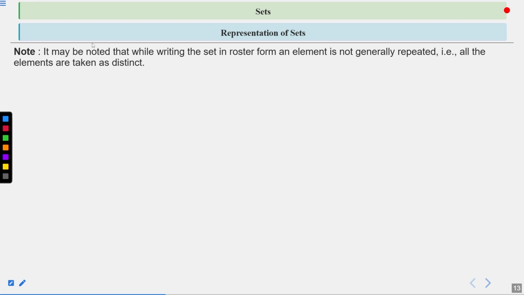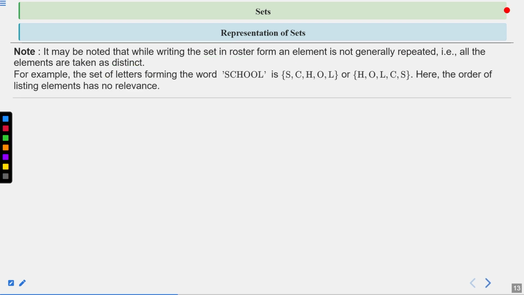Now, a very important note: when writing a set in roster form, an element is not generally repeated. That is, all the elements are taken as distinct. We do not write elements again and again. We write an element only one time.